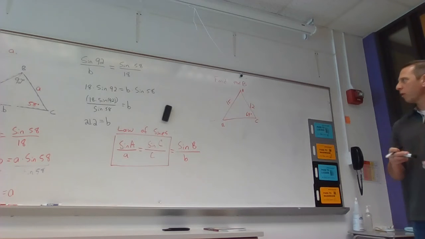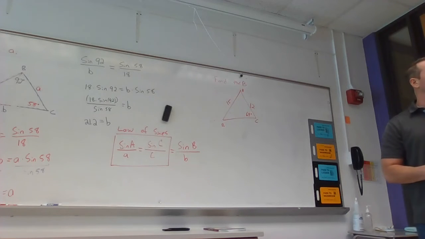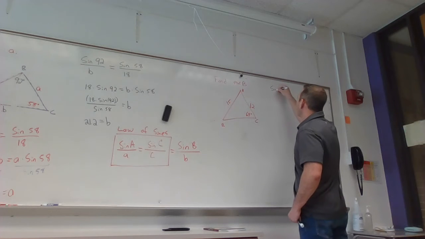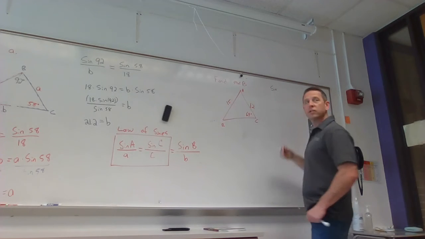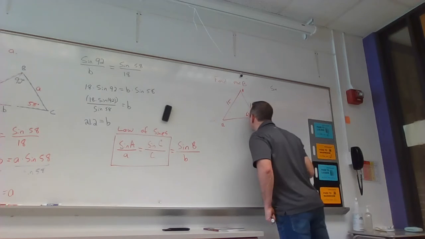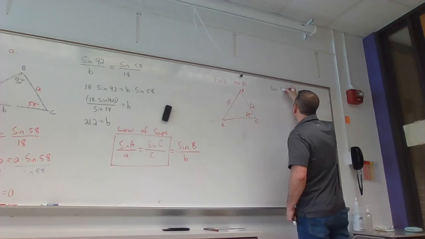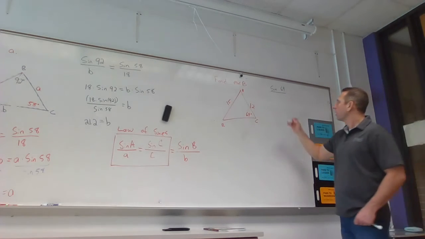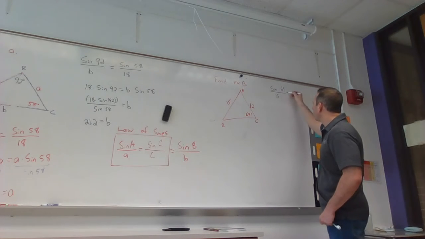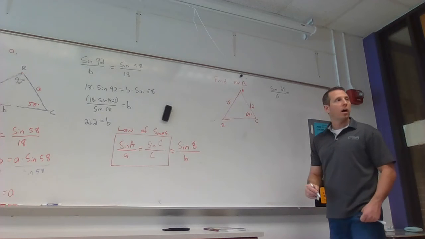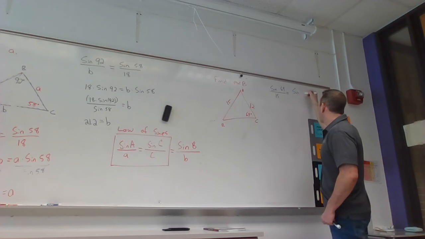All right, tell me the proportion you set up. Sine 64 over 15 equals sine of B over 12.